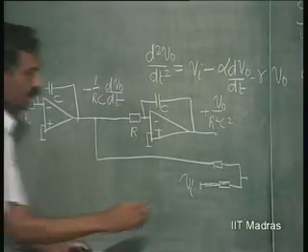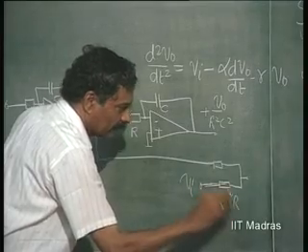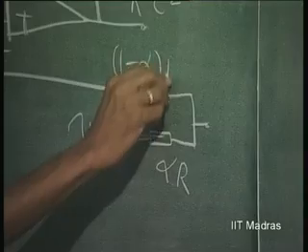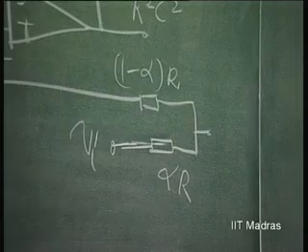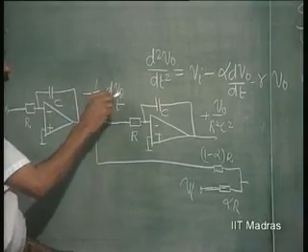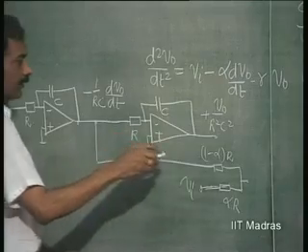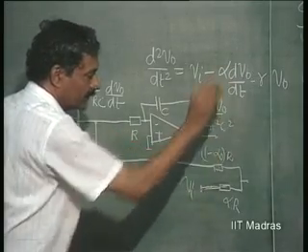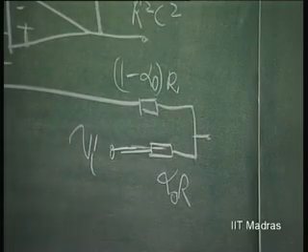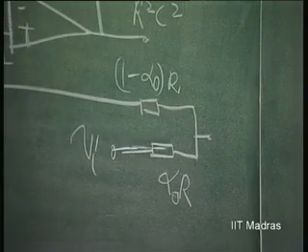Okay. So, what I do is I put here alpha R and 1 minus alpha R. So, what happens here? This output will come as alpha times, let us call it alpha zero in order to distinguish, alpha 0 times this value.